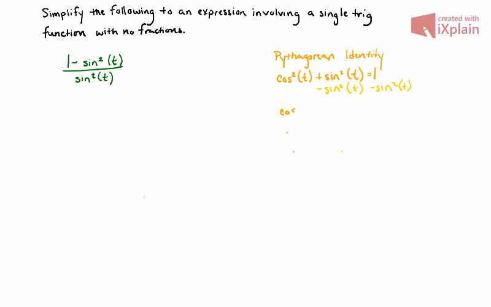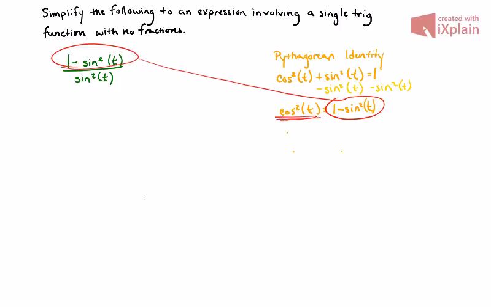I do see that the cosine squared of t is now equal to 1 minus the sine squared of t. So notice that I've been able to match these up. I'm able to now say, well, 1 minus the sine squared of t is equal to the cosine squared of t, or it's the same thing.